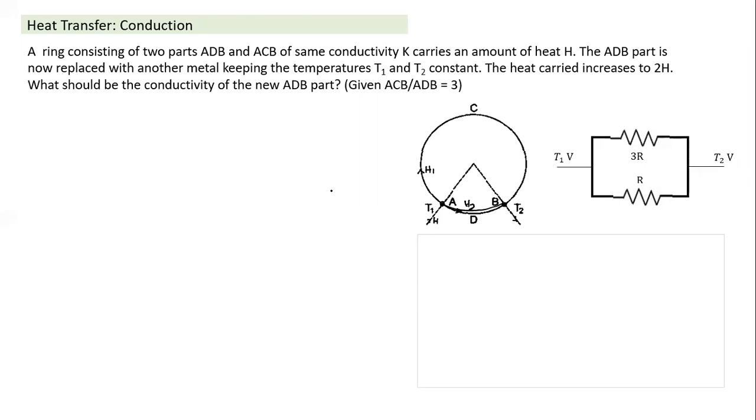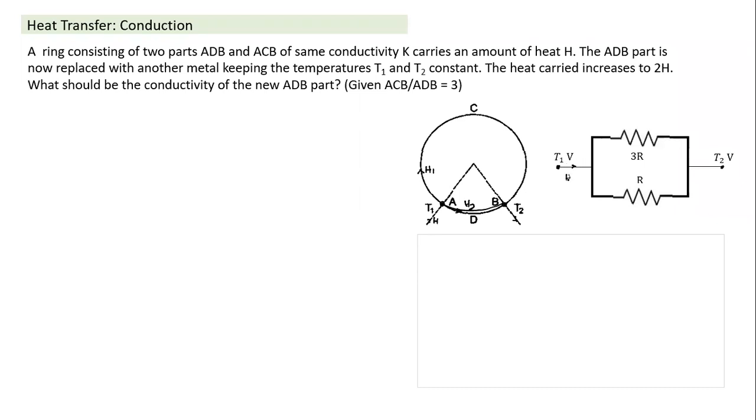So one way of solving this question, and I think maybe an easier way, is to use an equivalent current electricity circuit, thermal resistance. Initially, the temperatures are T1 and T2, which are not changing. So basically what you're saying here is that the potential remains the same. Initially some current is flowing. Current is nothing but the net heat flow rate.